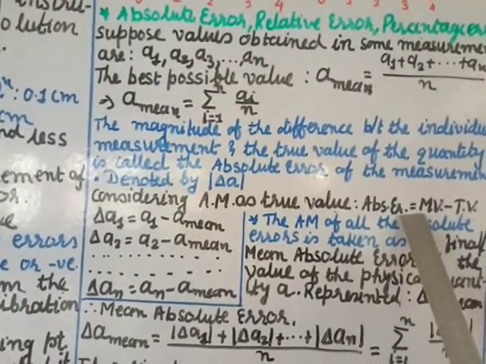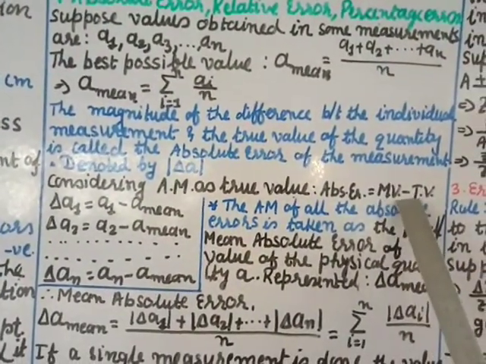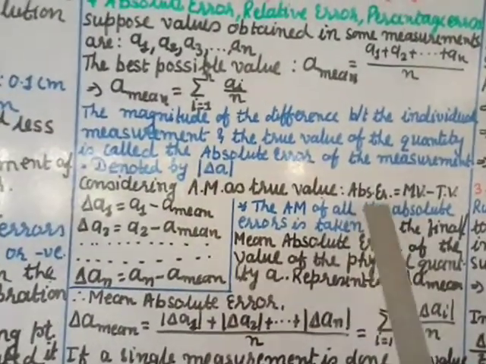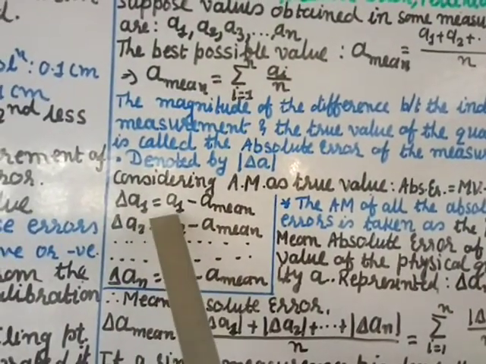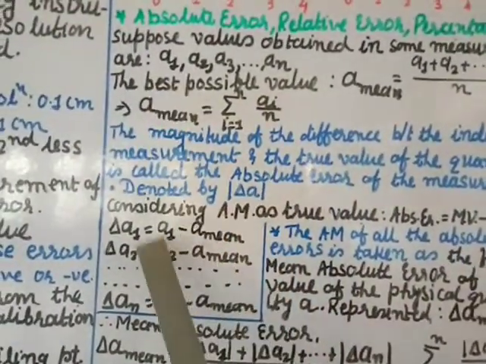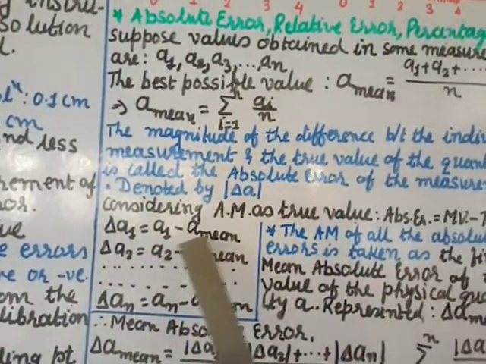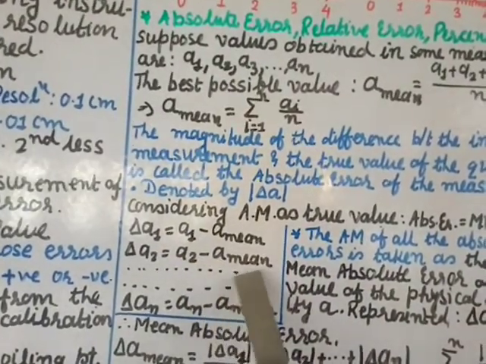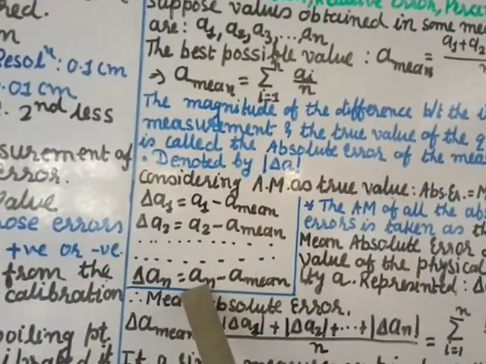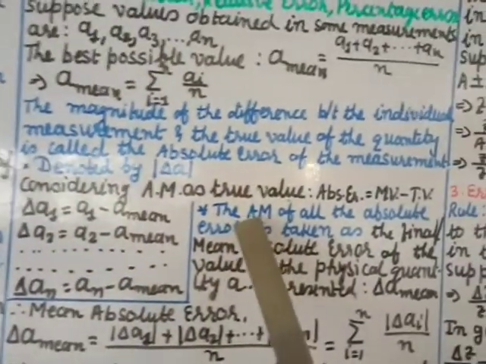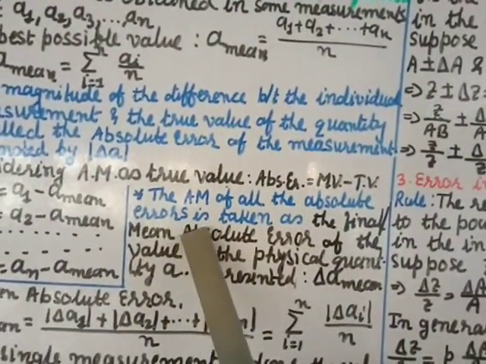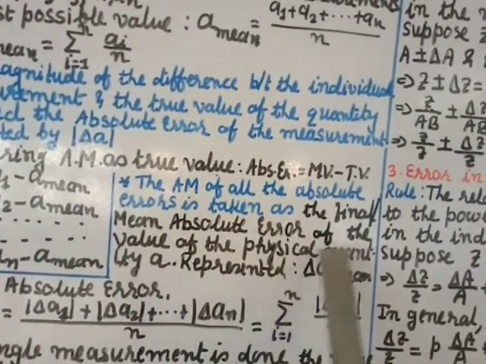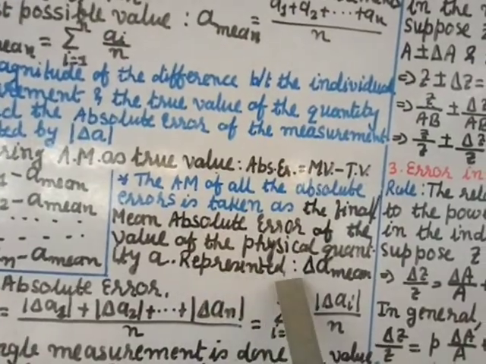Absolute error is equal to measured value minus true value, and the true value I am going to consider here as the arithmetic mean. So delta A1 is equal to the first measured value A1 minus the true value A mean. Delta A2 is equal to A2 minus A mean, up to delta AN is equal to AN minus A mean. The arithmetic mean of all the absolute errors is taken as the final or mean absolute error of the value of the physical quantity A, represented by delta A mean.